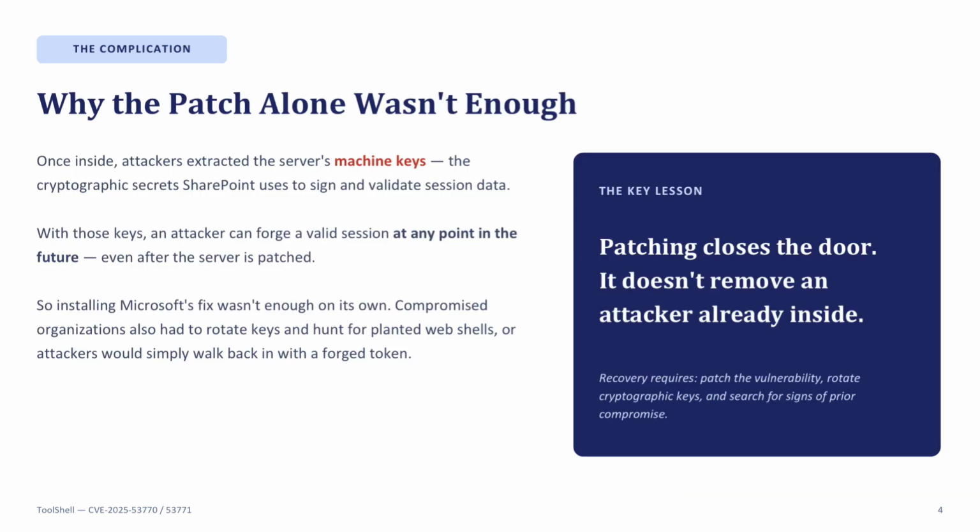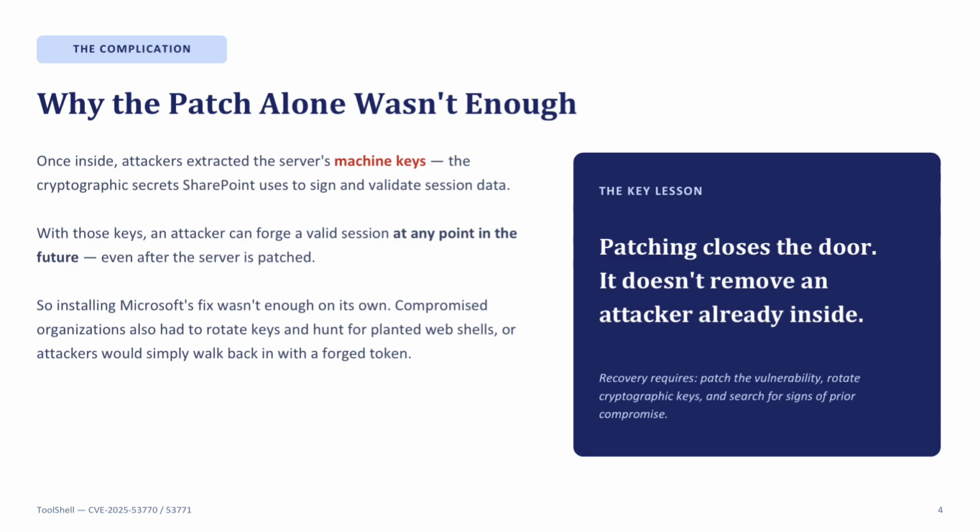The complication. Why the patch alone wasn't enough. Once inside, attackers extracted the server's machine keys, the cryptographic secrets SharePoint uses to sign and validate session data. With those keys, an attacker can forge a valid session at any point in the future, even after the server is patched. So installing Microsoft's fix wasn't enough on its own.